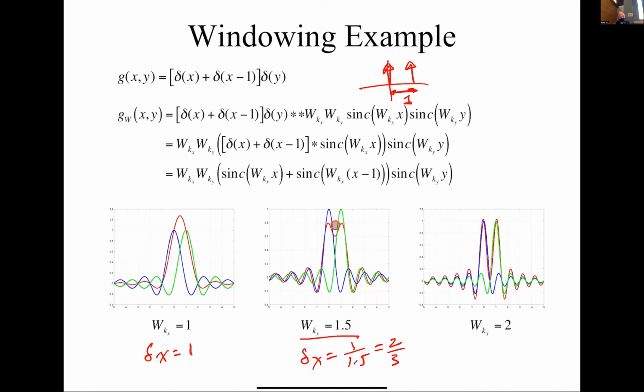If the image was not too noisy, you would be able to distinguish those 2 dots from each other. Now we go to WKX equals 2. So now the resolution is 1/2. And now it's pretty clear you can distinguish those 2 dots from each other, because the sum of the images just goes up and down, up and down. And even here, if there was a lot of noise, you would still have a good chance of figuring out that there's 2 dots.